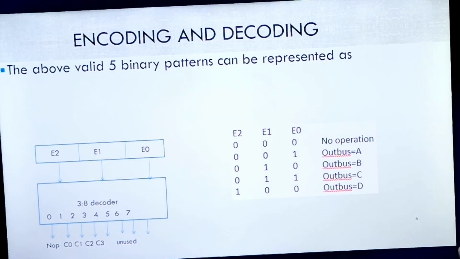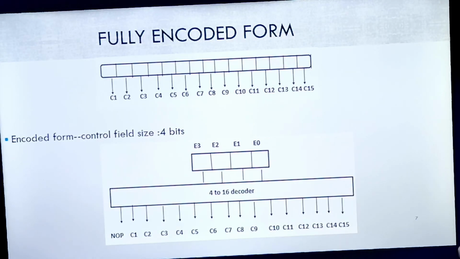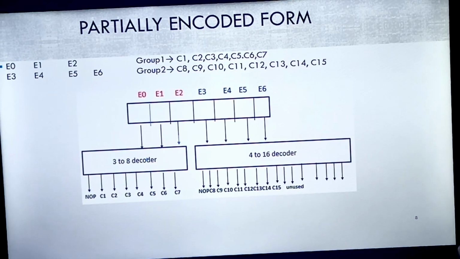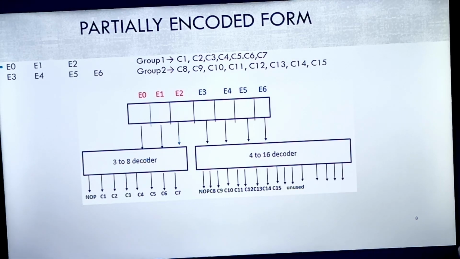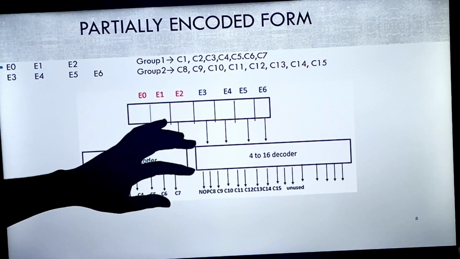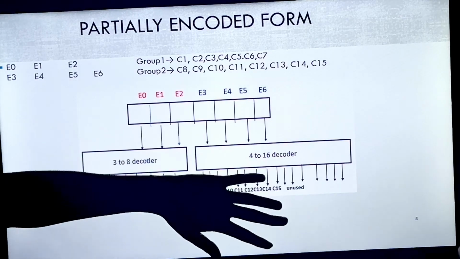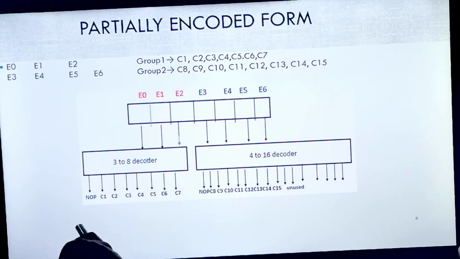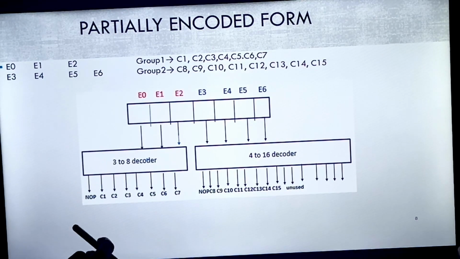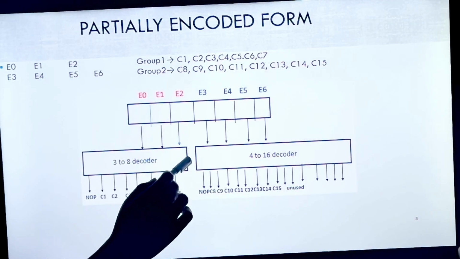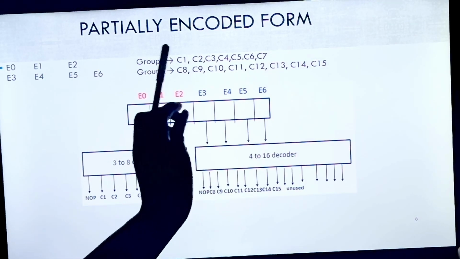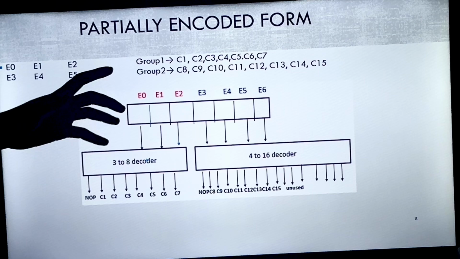Fine. So what is the alternate? We have something called partially encoded. In partially encoded, suppose I have many control signals, say a total of 24. I will divide the control signals into 2 to 3 parts based on their similarities or properties.